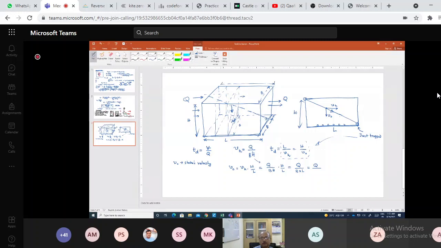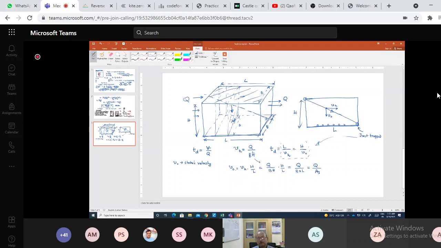So we call B into L the surface area. So this is the surface area of the tank. It's kind of perplexing, but this is what it is.